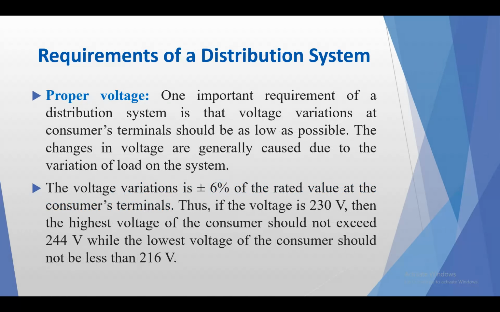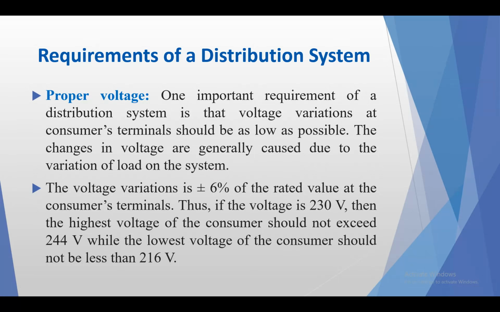And then the requirements of a distribution system. We need a proper voltage. One important requirement of a distribution system is that voltage variation at the consumer terminal should be as low as possible. The changes in voltage are generally caused by the variation of load on the system.